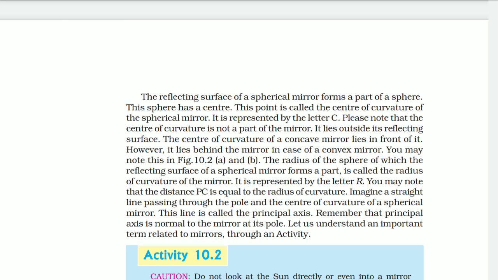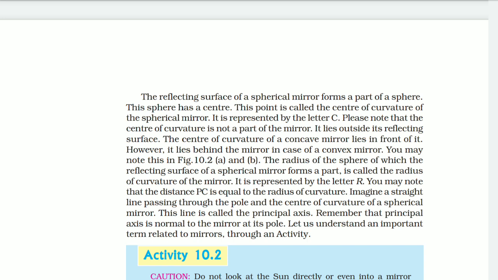Imagine a straight line passing through the pole and the center of curvature of the spherical mirror. This line is called the principal axis. Remember that the principal axis is normal to the mirror at the pole.